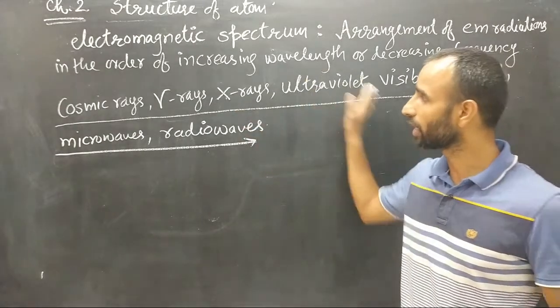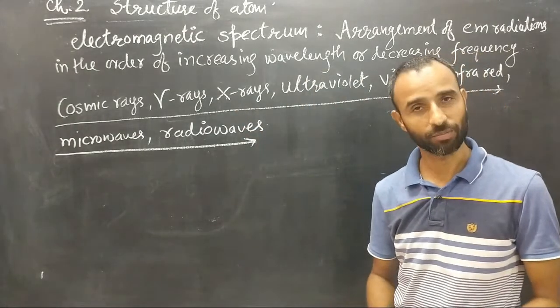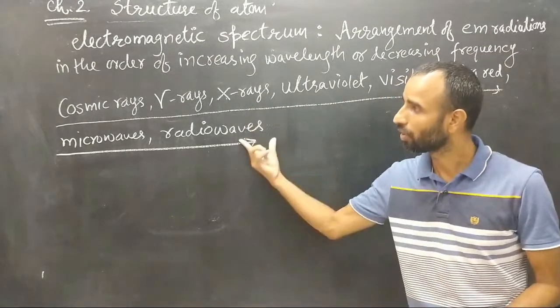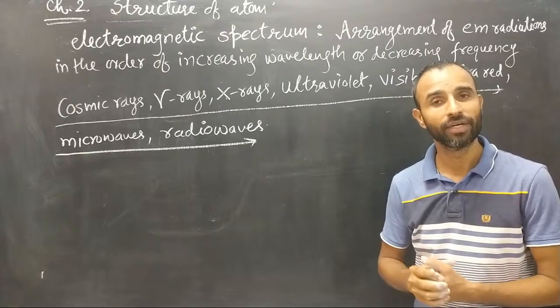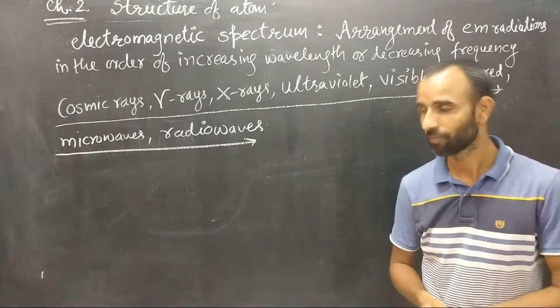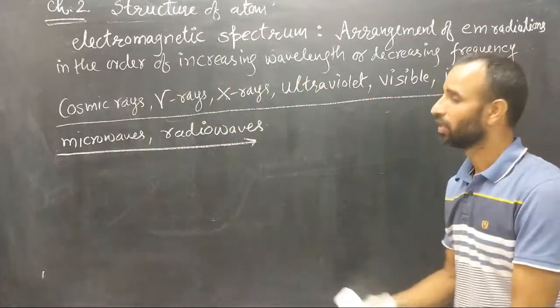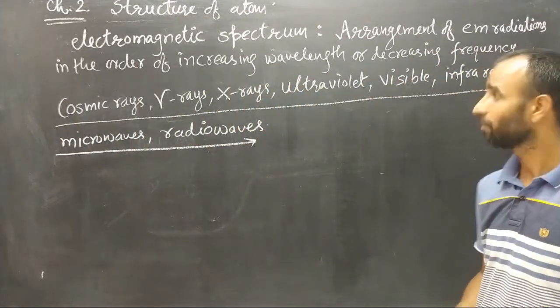So this is called the electromagnetic spectrum. Okay, so these are all electromagnetic radiations. Okay, so ये second topic हो गया हमारा.